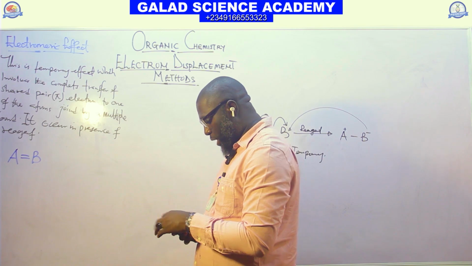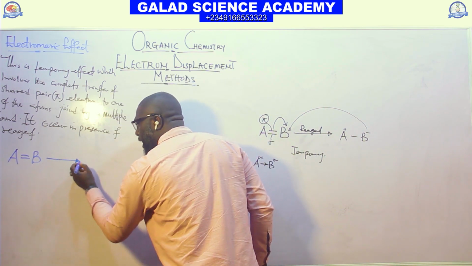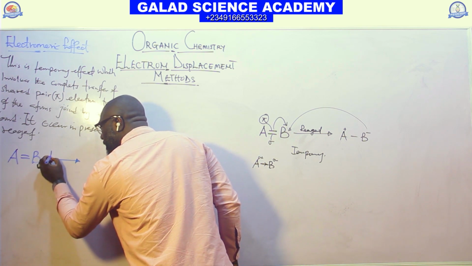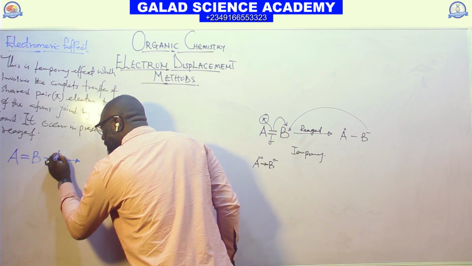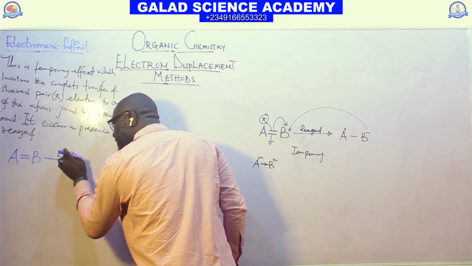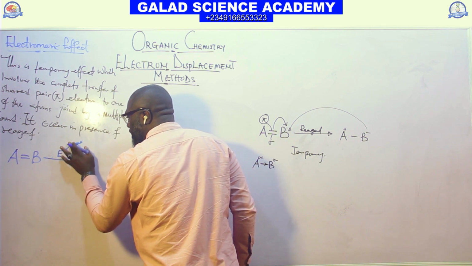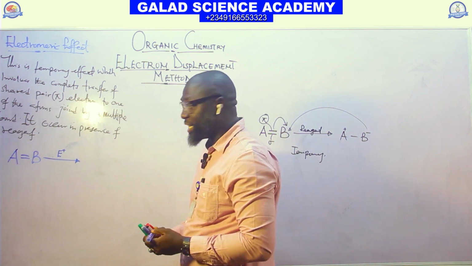So if we have this arrow here, at this place we have E plus, the attacking agent, a reagent.